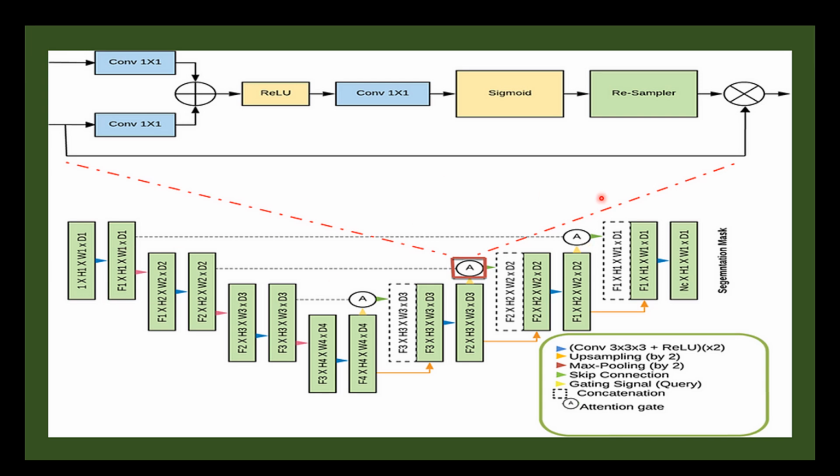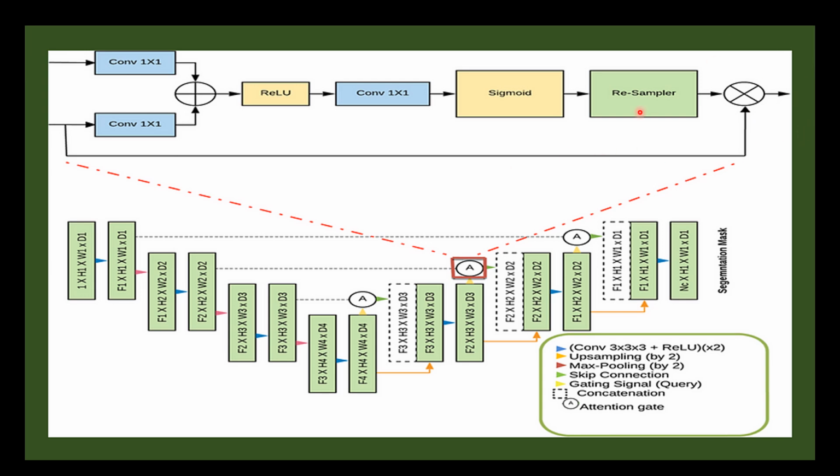Then we have some skip connections and a decoder. So similar to the original UNet, Attention UNet incorporates skip connections that directly pass features from encoder layers to the corresponding decoder layer. And then the decoder will reconstruct the original image size, segmented into different regions using transposed convolutional layers.